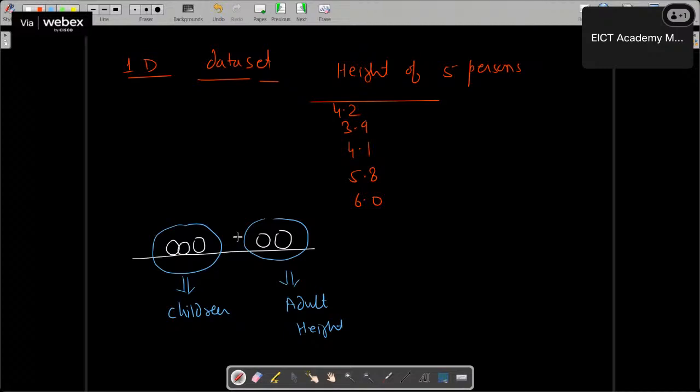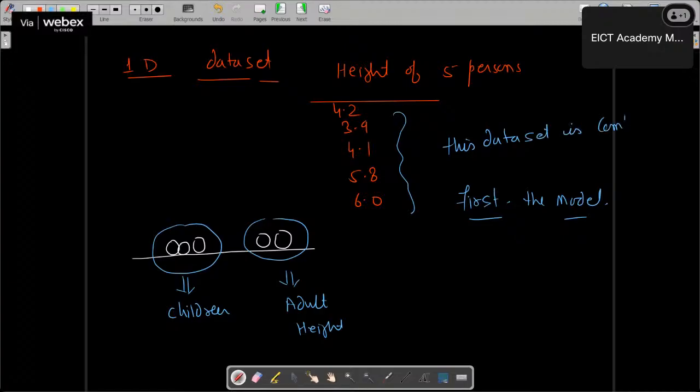Okay. So the first point is, first the model will check whether this data is composed of a combination of Gaussian distributions.